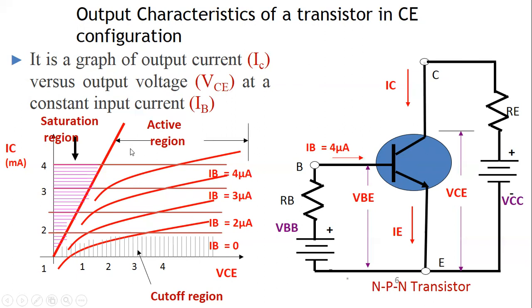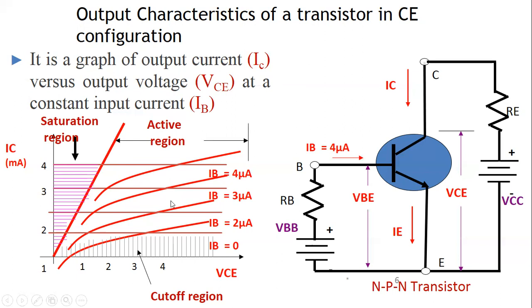Above IB equal to zero and before this line, this is the active region where we use the transistor as an amplifier. And beyond this line there is a region called saturation, where we get maximum output even though a smaller variation in IB, the input, is made. So these are the three regions that we have to remember.